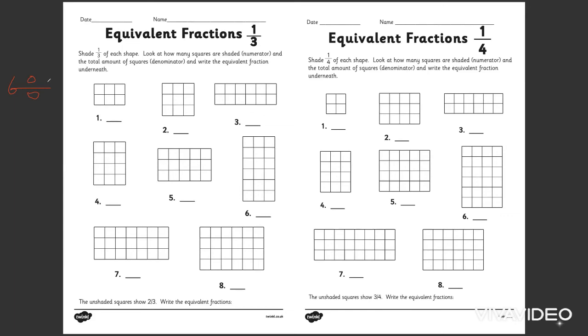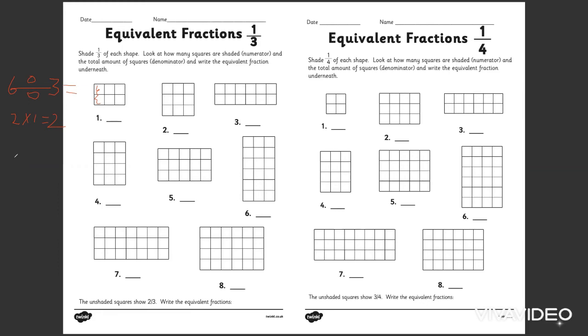But the rules are the same for each fraction. So 6 divided by 3, which is 2, again times it by the top, and it's 2. So we shade in 2 boxes.